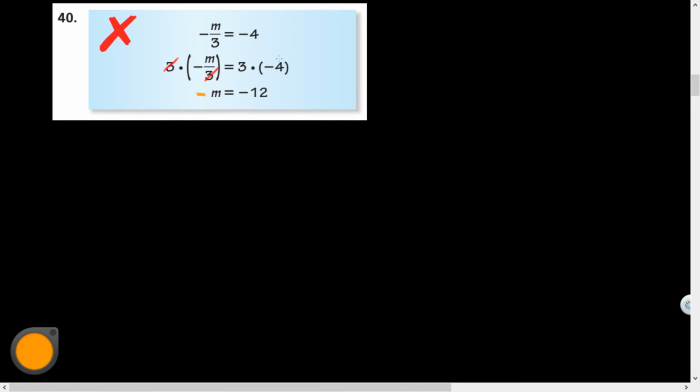So they even did this multiplication correct. 3 times -4 was -12. So the issue was they didn't deal with this sign. So you actually have an option now to deal with that sign. You could view that as -1m if you want. So you could divide both sides by -1. It's just going to opposite both sides.